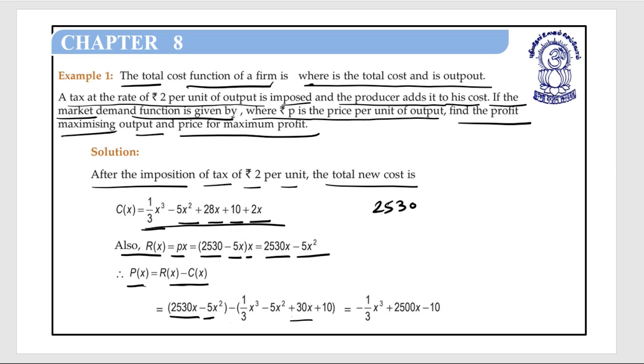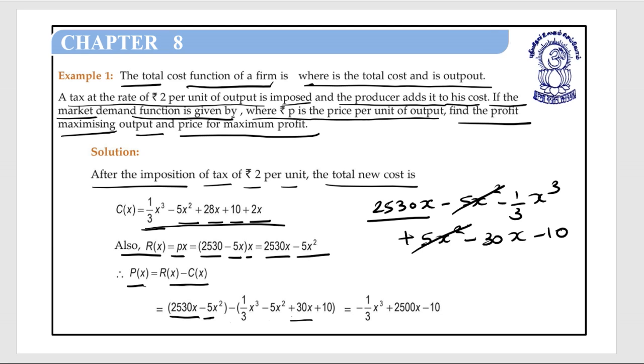So 2530x minus 5x square minus 1 by 3x cube plus 5x square minus 30x minus 10. Minus 5x square plus 5x square cancel. So it is minus 1 by 3x cube plus 2500x minus 10.